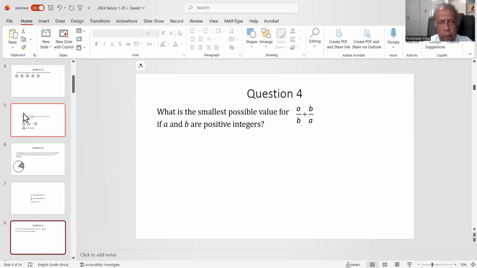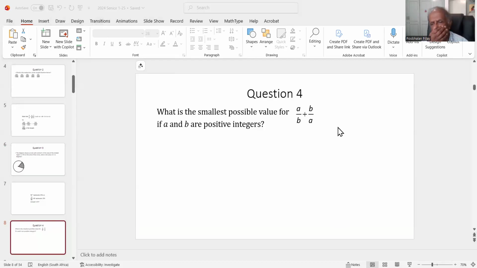Now, that's interesting. You don't know what a and b are, but the question is, what is the smallest possible value it's got? So you can try various values, positive integers, say 5 over 11 plus 11 over 5. It's a over b plus b over a, so you switch it around. And if you work this thing out, you get 25 plus 121, which is 146 over 55.